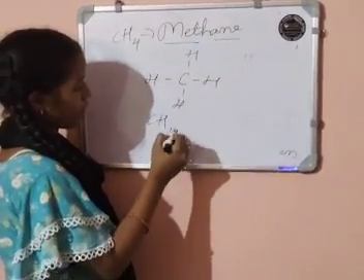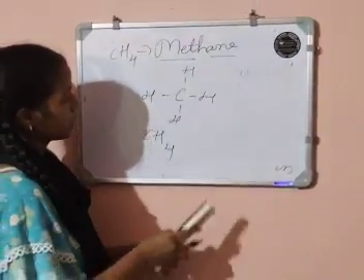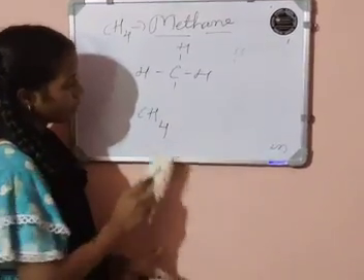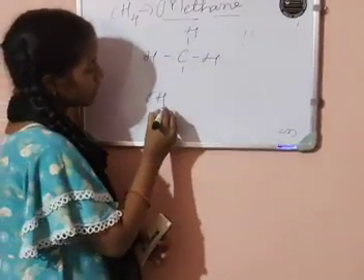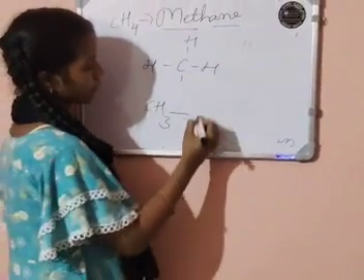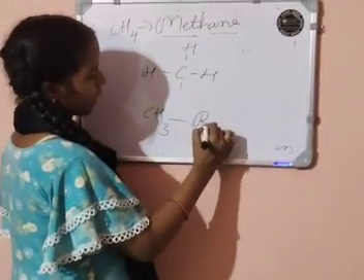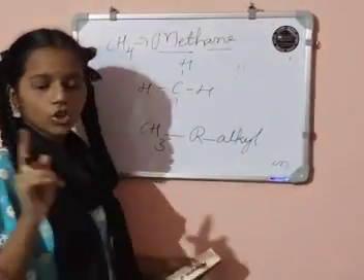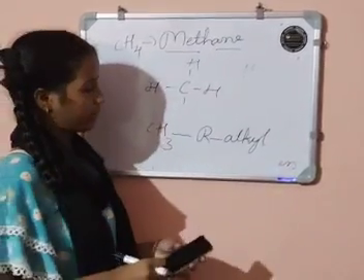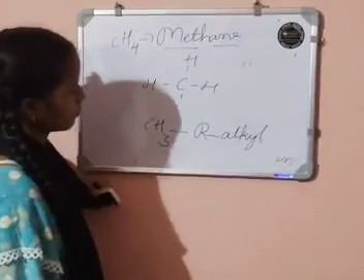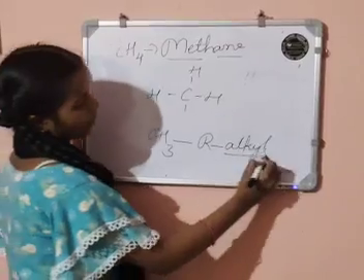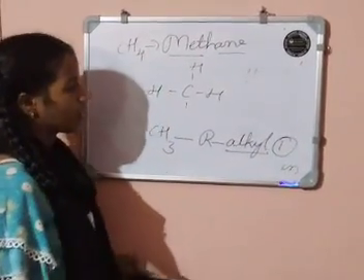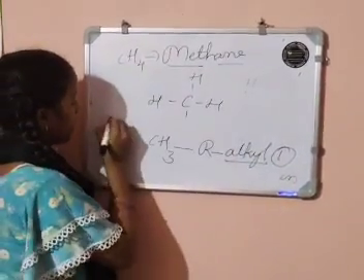CH4, you already know. If one H is left, not CH4 but CH3, then it is called R, means alkyl. It is the first group in the periodic table. So it is called methyl.